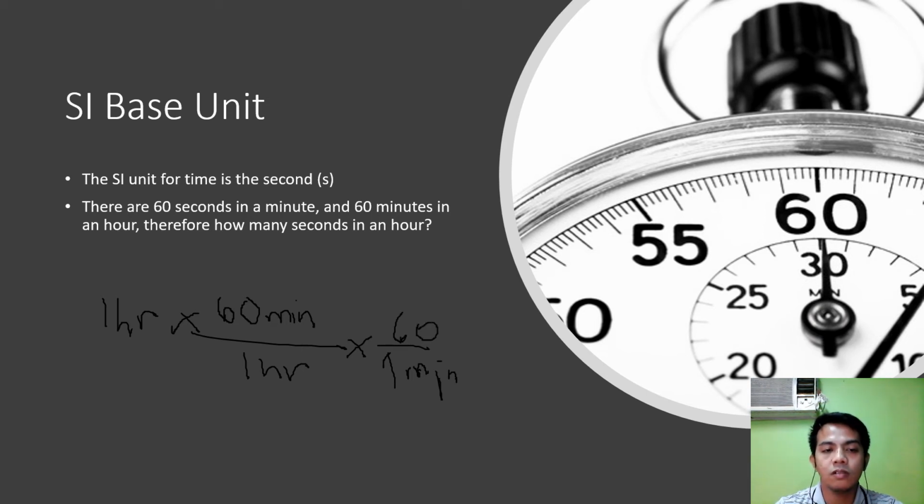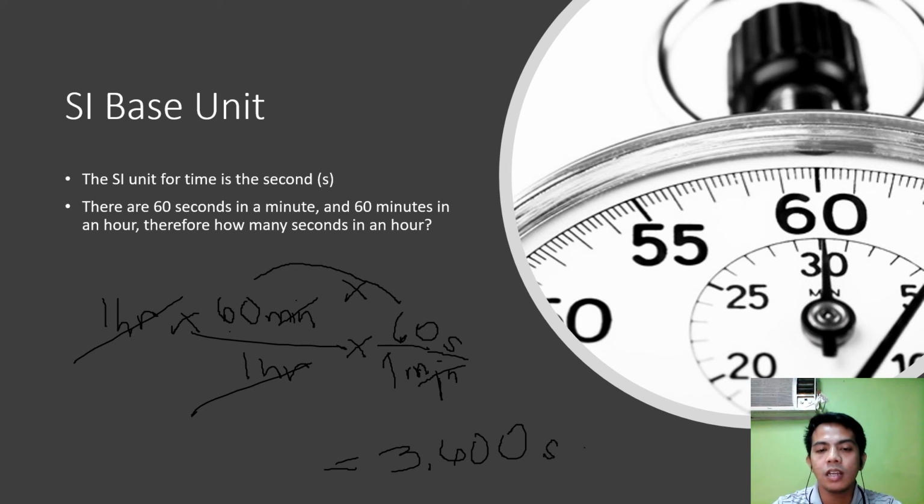So we need to cancel out the minute and the minute to get how many seconds in 1 hour. So we need to multiply 60 times 60. So the answer is 3,600. So there are 3,600 seconds in 1 hour.